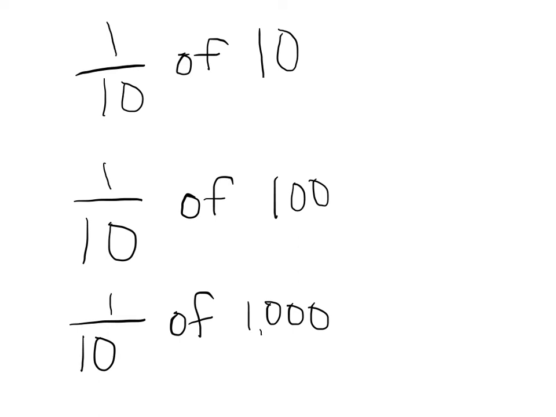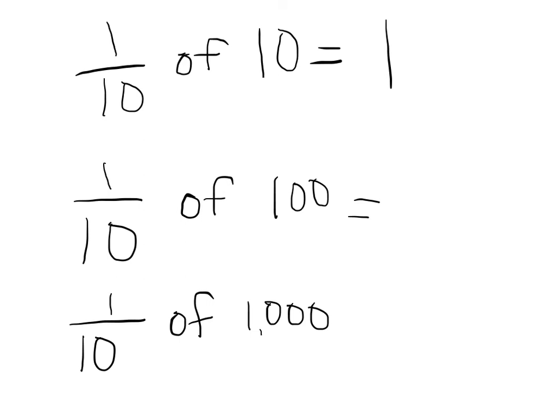Here's also another review with using place values to rename some numbers. If we were talking about 1/10 of 10, how much would that actually be? So if we had 10, we would divide it into 10 equal groups, and we're talking about one of those groups. How much is going to be in each group? 1. 1/10 of 100.